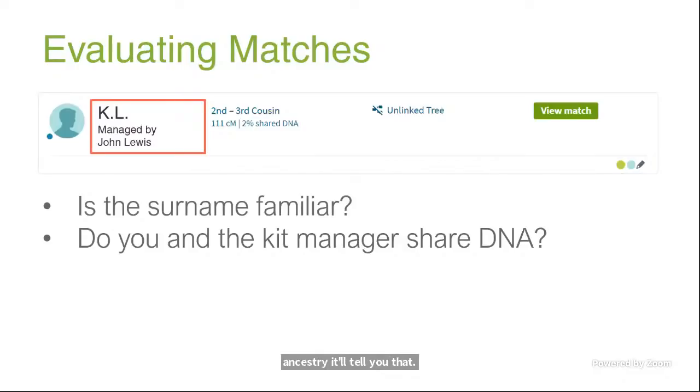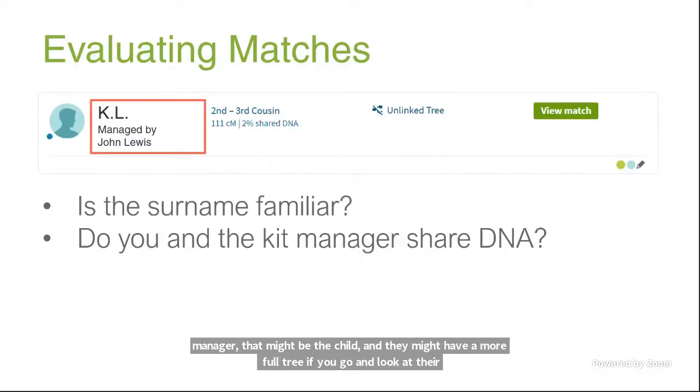And that's important because it will tell you if the kit manager is a relative, or maybe this was a second cousin to this person who needed them to take a DNA test for one of their projects. It can give you a sense of what's going on, or maybe the spouse is the person managing it. But if you do share DNA with the kit manager, that might be the child, and they might have a more full tree. If you go and look at their page, there's some things that might be helpful.